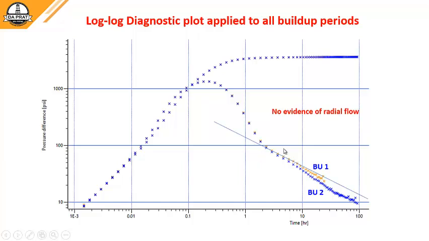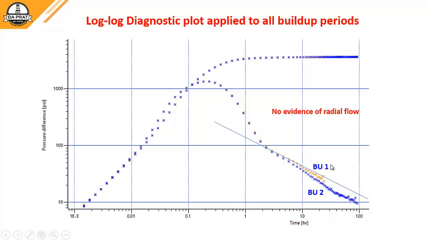But you can see the derivative does not have that tendency to become flat, zero slope. So there is no evidence of radial flow here. If you try to use the log and a half rule to infer your value of permeability, it is probably wrong. It's going to be lower than what it actually is, as we will see.